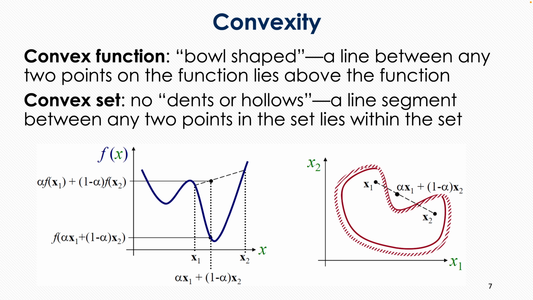If you can draw a line segment between two points in the set and any of the points on the line lie outside of that set, then it's not convex. So these are both examples of non-convexity in your optimization. Okay, and again, the reason why I talk about this is because it classifies our problem in a certain way, and the way that we solve the problem is going to change.